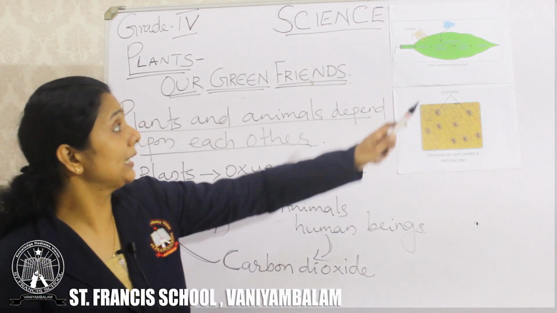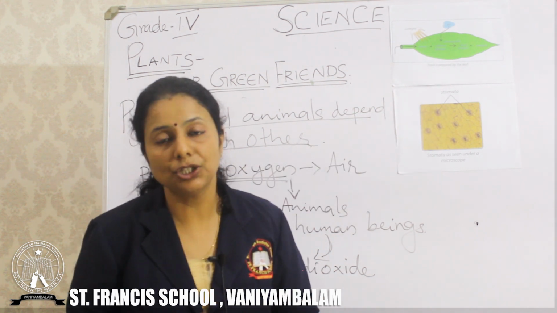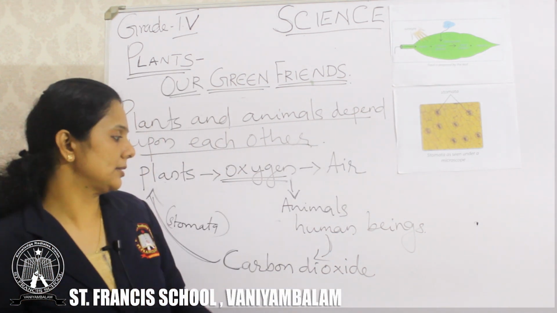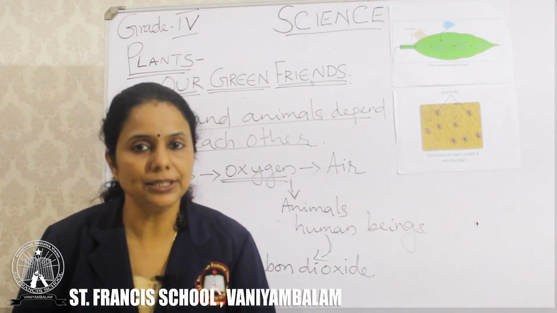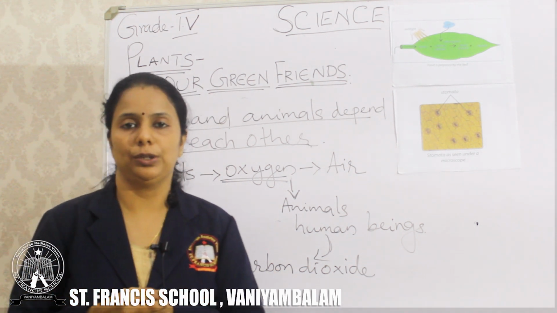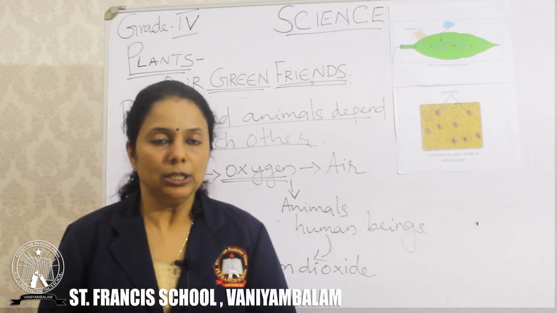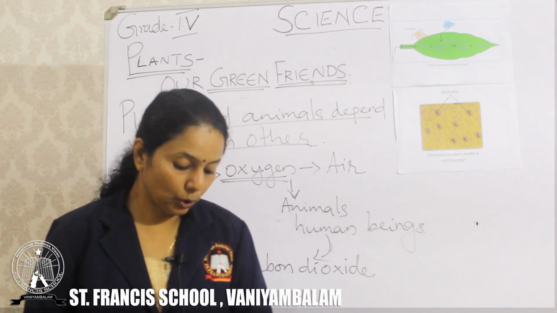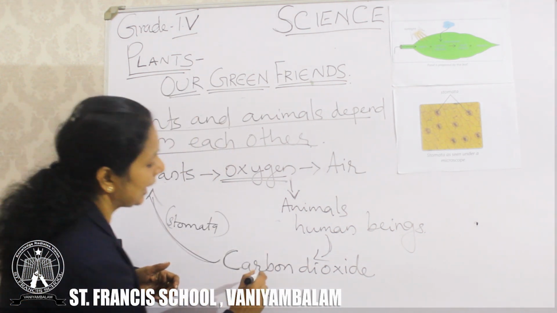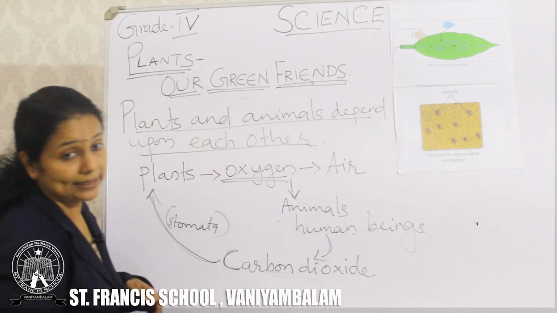Plants need carbon dioxide, which is very essential to perform photosynthesis. Without photosynthesis, plants cannot survive, right? They have to make their food, then only they can live. So for photosynthesis, carbon dioxide is also very essential.